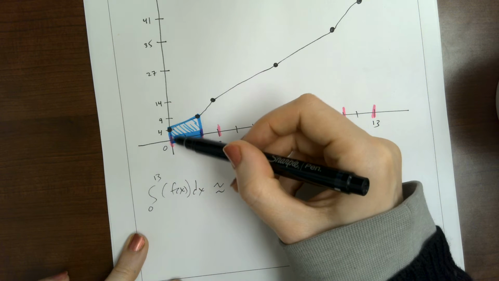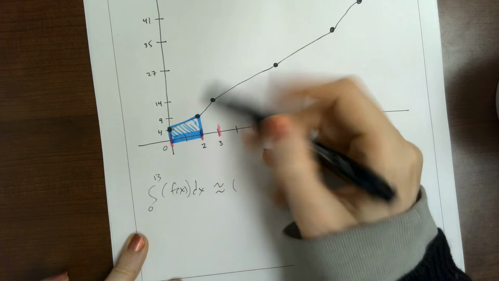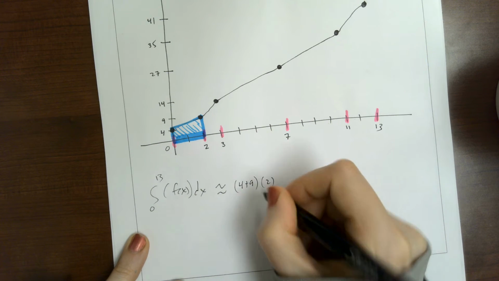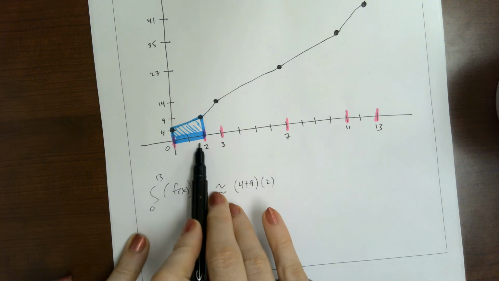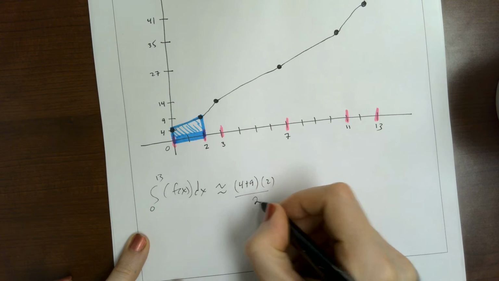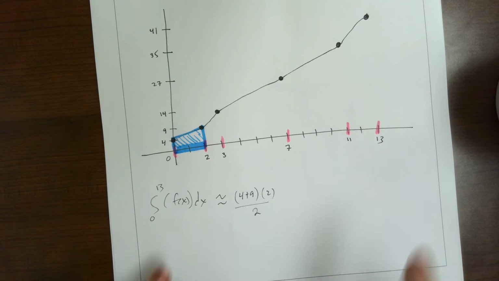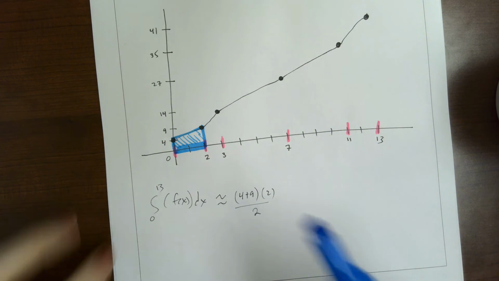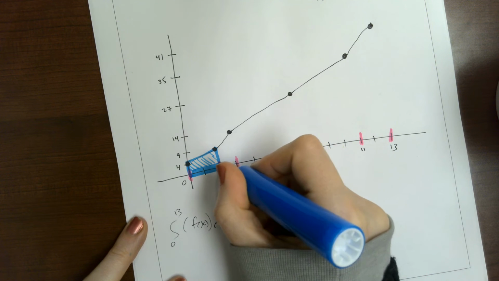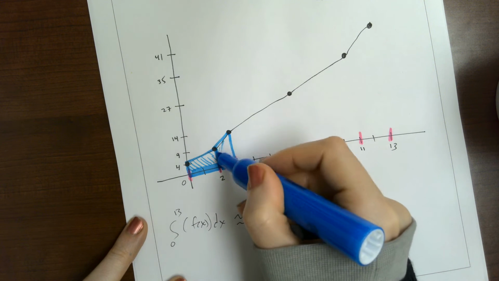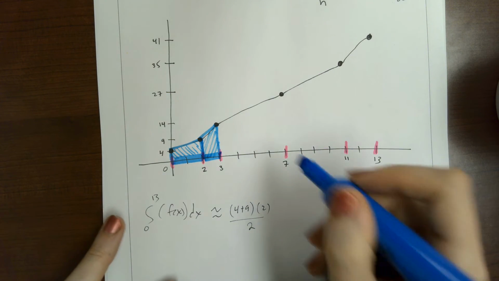Okay, so the bases are 4 and 9. So 4 plus 9. The height is 2, and then you divide by 2. Okay, so that's for that first one. Now let me draw the rest, and then I'll quickly write that out for the rest of them. Here is the height, base 1, base 2, connect. That's the second trapezoid.